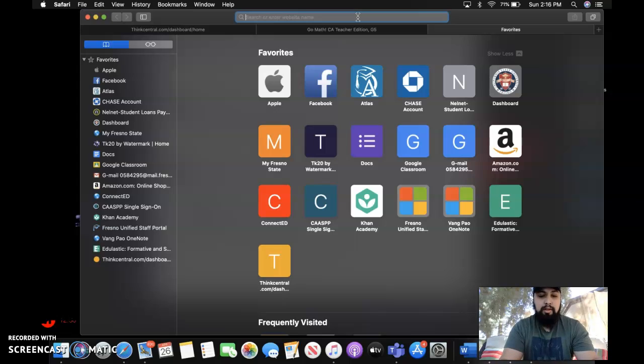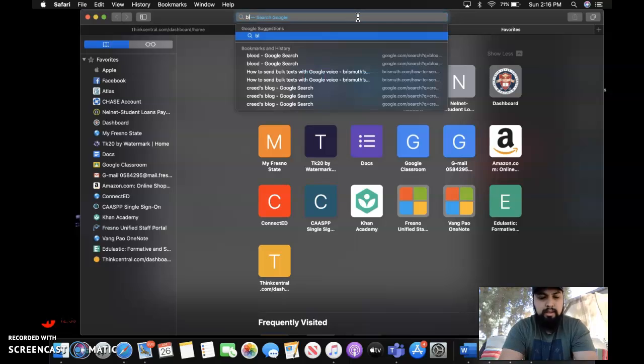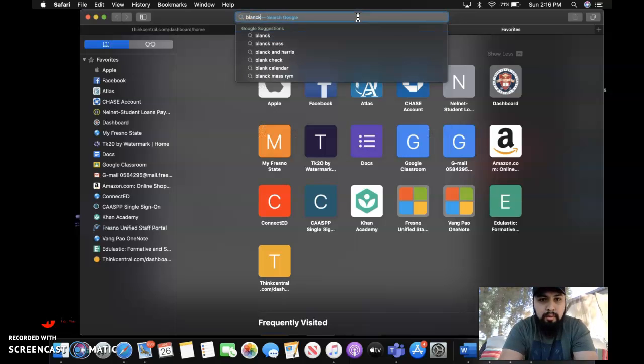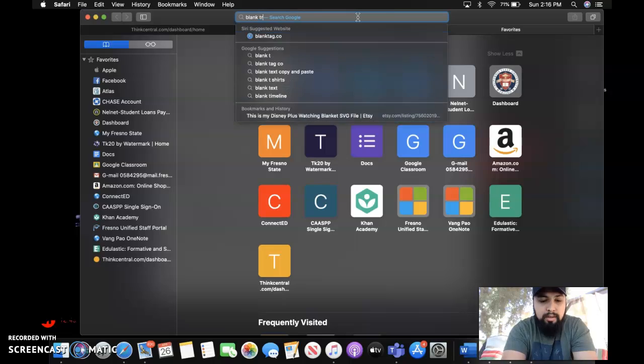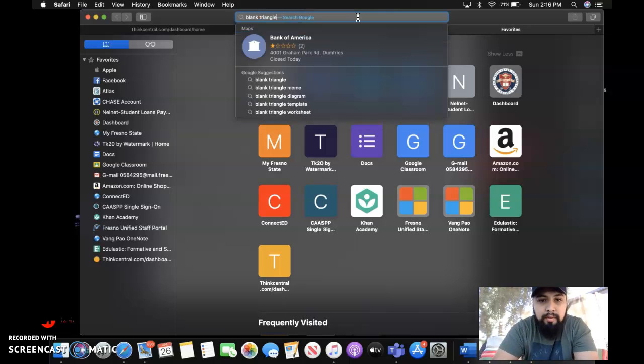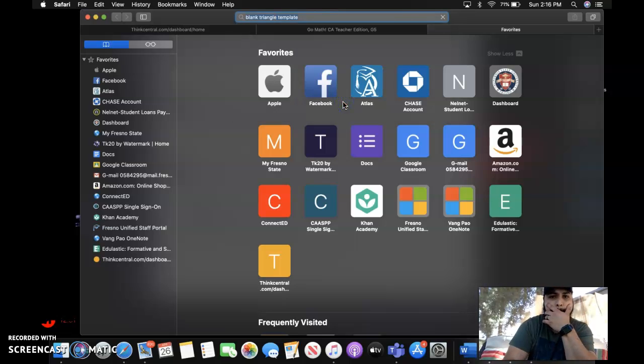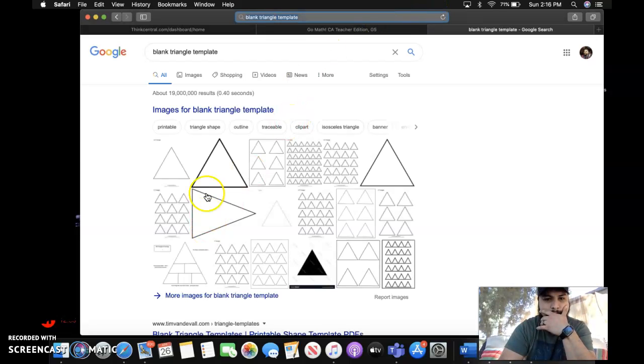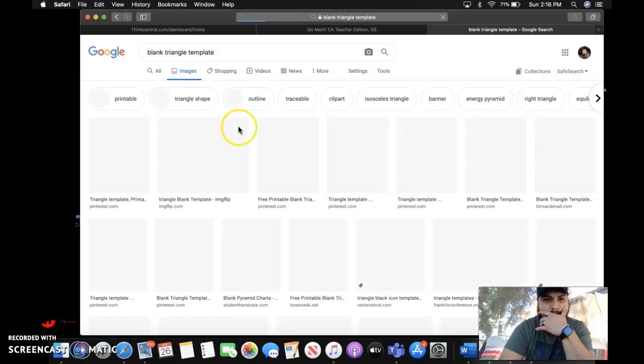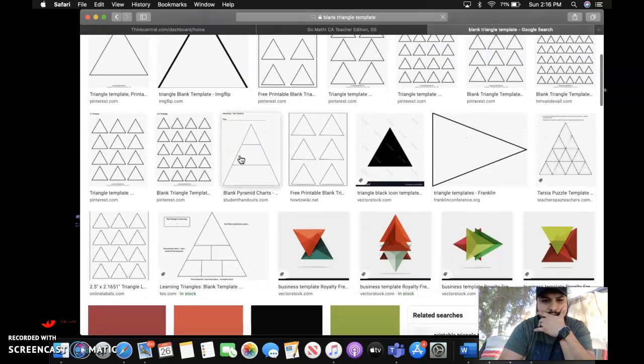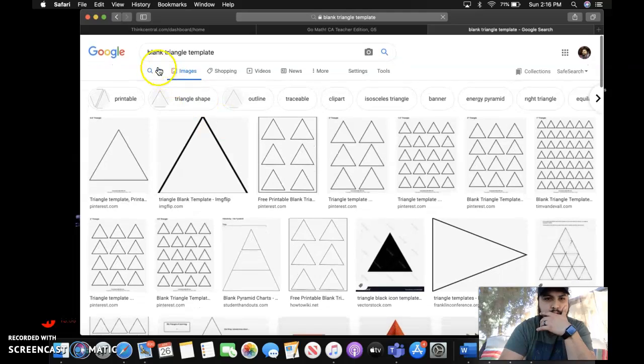blank triangle templates maybe, and let's see what comes up. Okay, and let's see, these are all the same triangles, so we would say blank, let's see, maybe different.